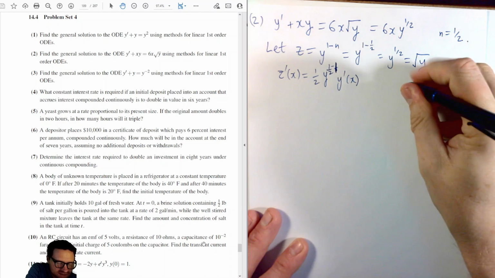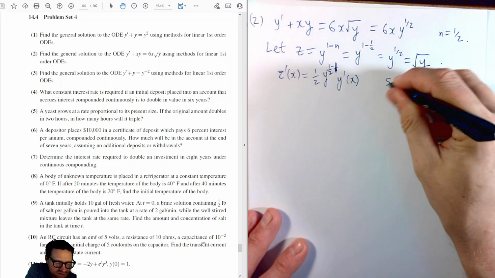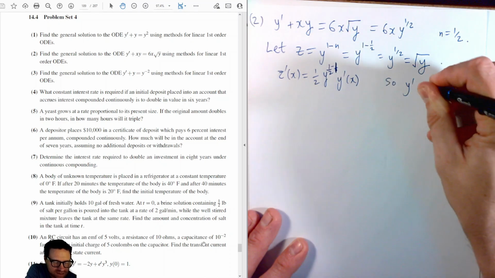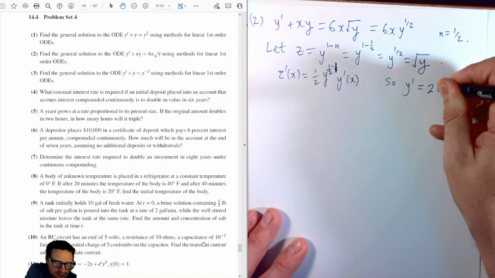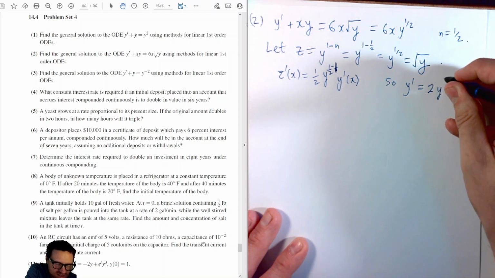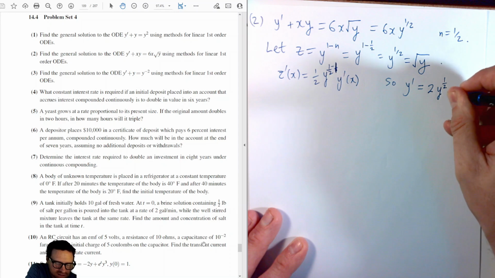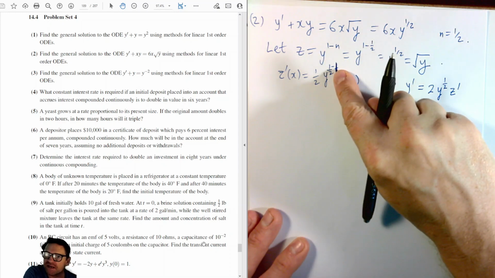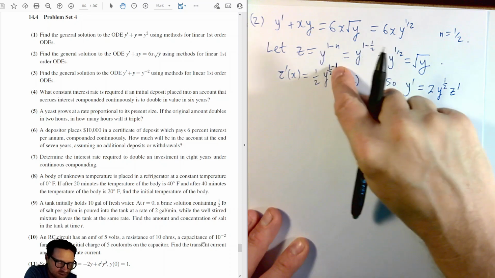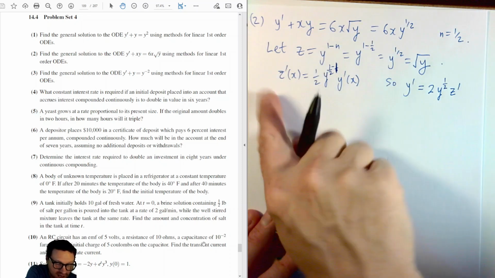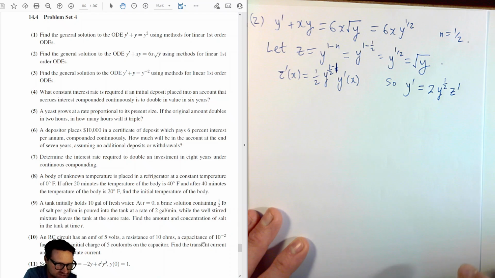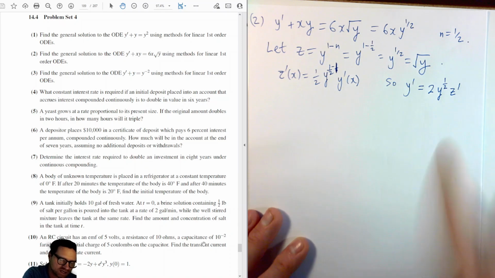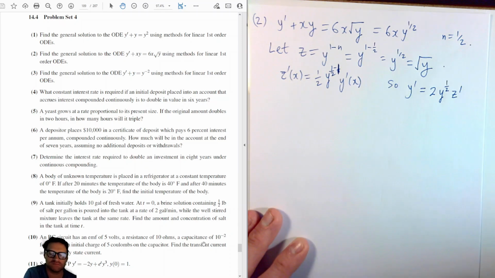Okay, let's simplify this and say, so y dash is equal to 2 y to the power of plus 1/2 times z dash. So this is minus 1/2 in that exponent, and so when I take this over to the other side, the left-hand side, we multiply by 2 y to the plus 1/2, and this is what we get.